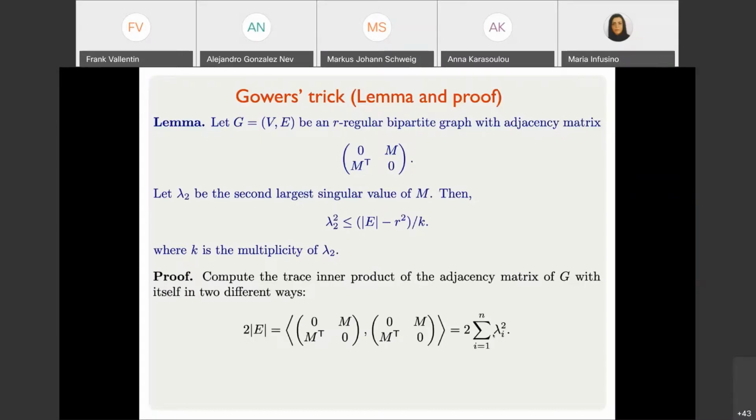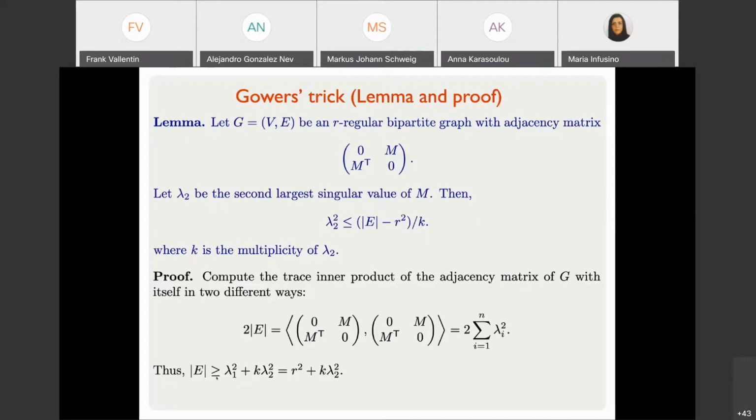Okay, and then we basically plug it together. So we see that the number of edges is greater than or equal to lambda 1 squared plus k times lambda 2 squared. From this sum, we just throw away all the singular values which are not lambda 1 or lambda 2, because they are non-negative, and of course we divide everything by 2.